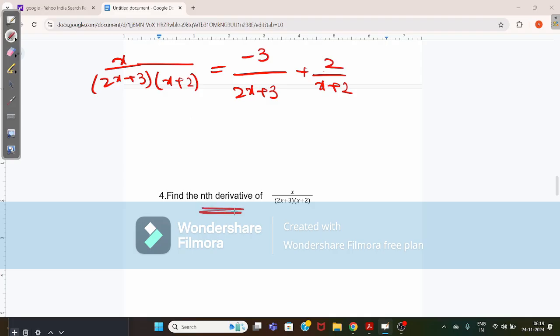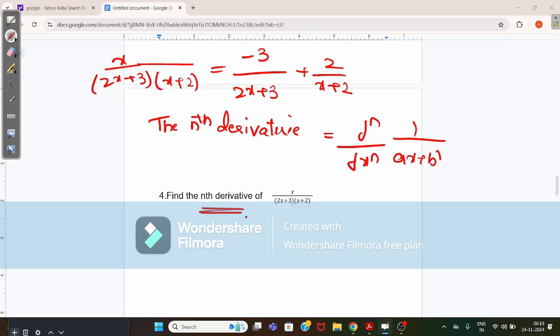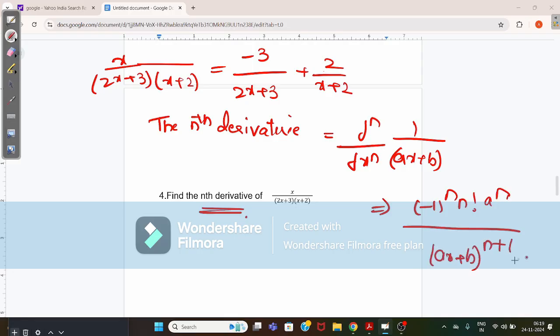Now we have to find the nth derivative. We have the formula here. The nth derivative is dou n by dou x power n into 1 by ax plus b, gives the value here minus 1 whole power n into n factorial a power n by ax plus b whole power n plus 1.